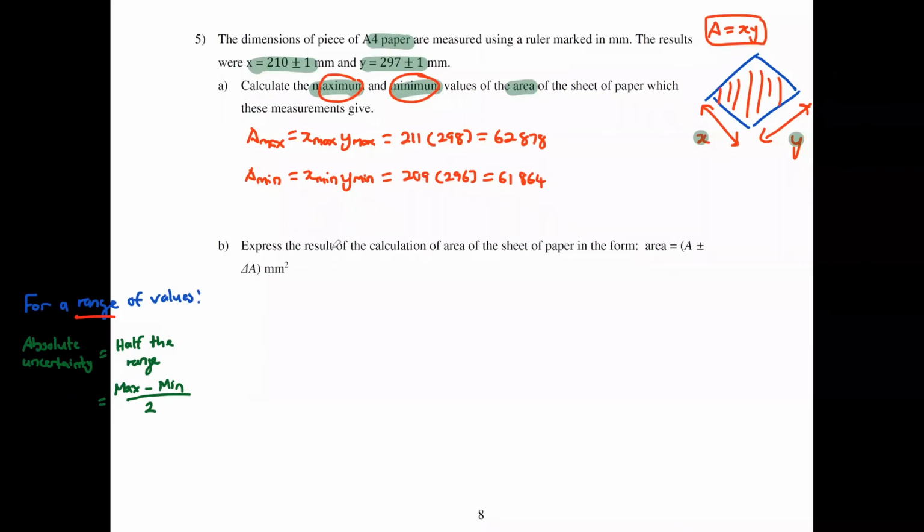Lastly, express the result calculation of the area of the sheet of paper in the form of area plus minus the absolute uncertainty. The area is equals to the product of xy, which is 210 times 297, giving us the final result of 62,370.